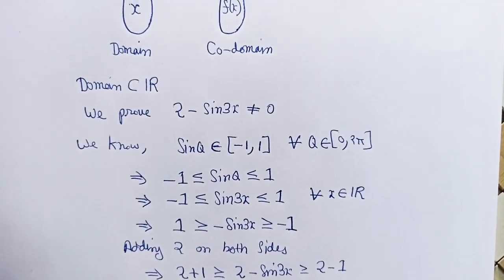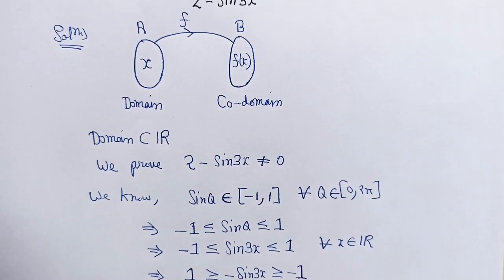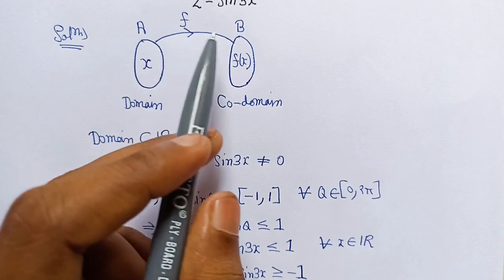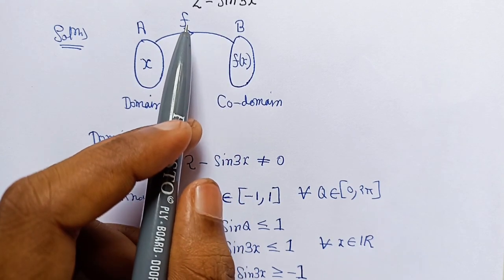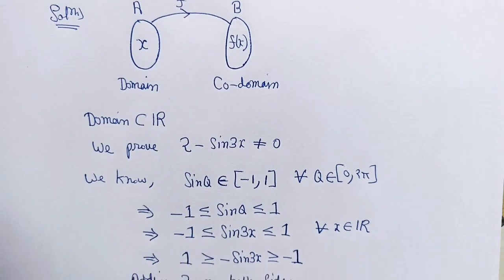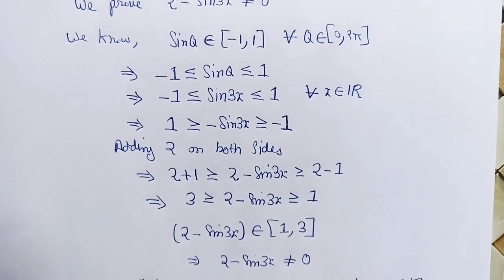So we can take any value of R here in this set and we get that image under function f. Now we will find out the range of the function f.